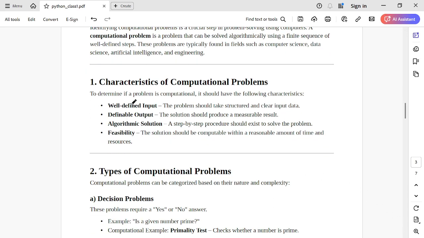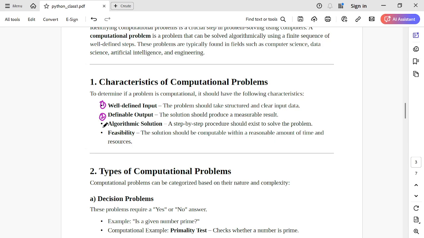To determine if a problem is computational, it should have the following characteristics. First, a computational problem should have a well-defined input. The problem should take structured and clear input data. Second, it should define the output clearly. What should be the output, and it should be a measurable one.